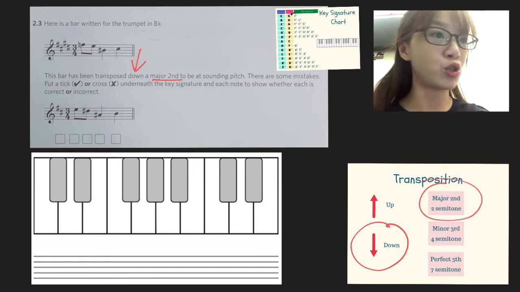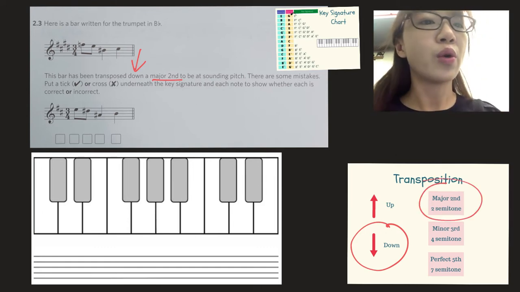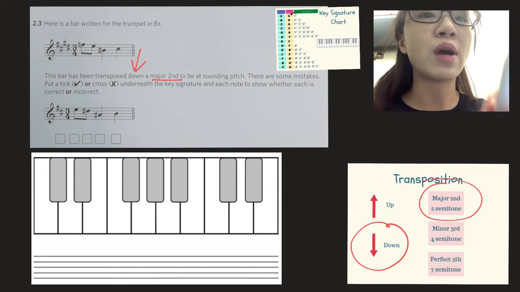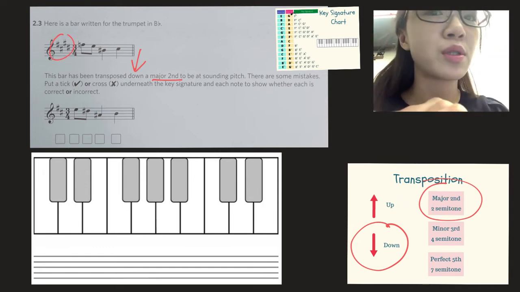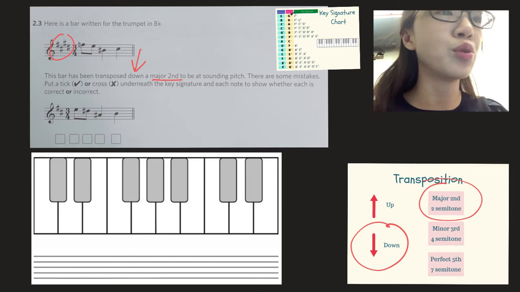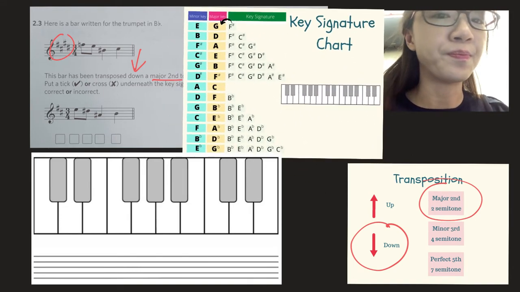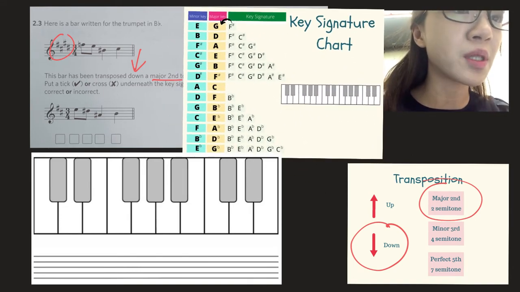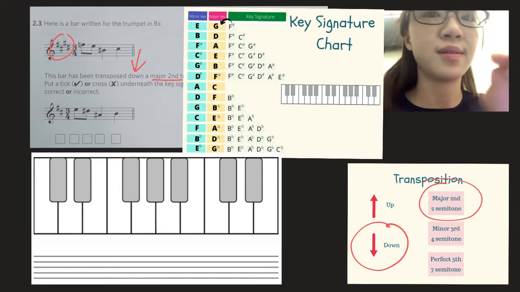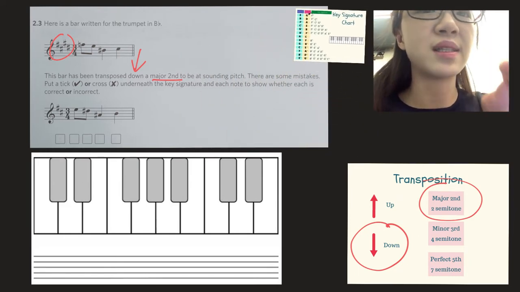Major second has 2 semitones. So after we understand this, now let's check out 4 sharps. 4 sharps gives you E major. Yes, so we understand that this is E major. So let's write it down, E major.